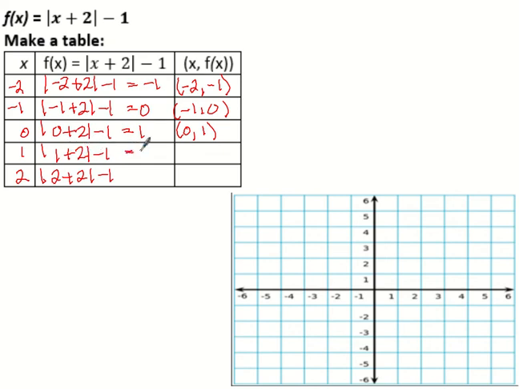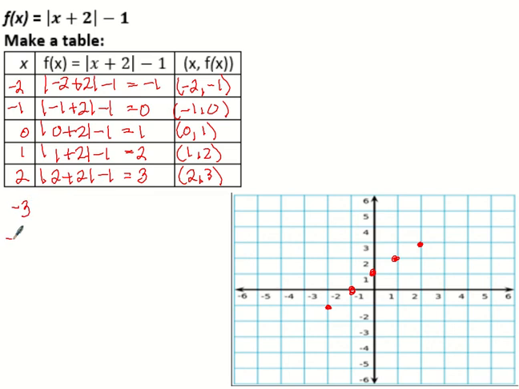Minus 1 would be 2. And 2 plus 2 is 4. Absolute value is 4. Minus 1 is 3. So we got -2, -1, 1, 0. Uh-oh, I don't have my other side, so I'm going to have to put maybe another negative or 2 in here. 1 was at 2 and 2 was at 3.